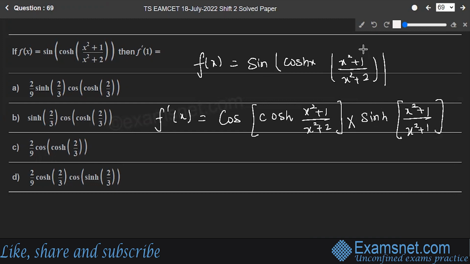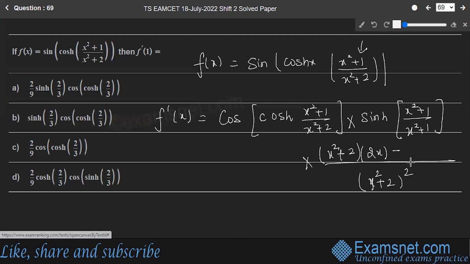Now let's find the derivative of this, (x square plus 1) into 1 by (x square plus 2). So this derivative will be given by square of the denominator into denominator, derivative of the numerator. So x square plus 1 derivative will be 2x, sorry, this is minus, not plus.